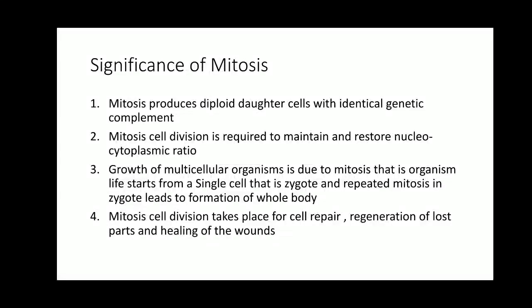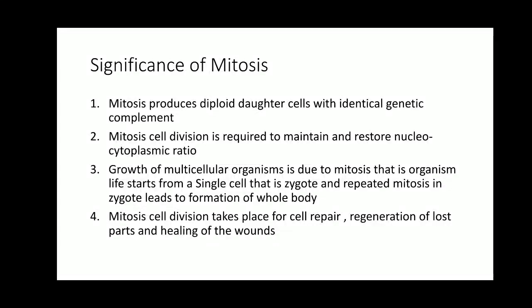Now, this zygote is a single cell, and it is a diploid cell formed from two haploid gametes, and therefore this zygote undergoes repeated mitotic cell division and leads to the formation of the whole body of an individual. So the whole body is developed from a single cell zygote.